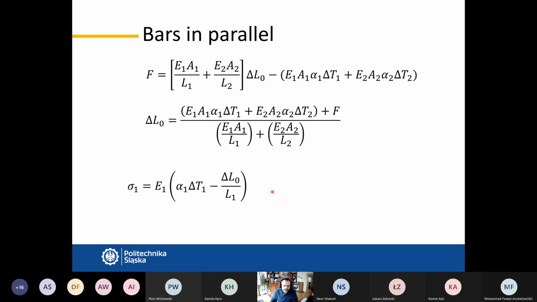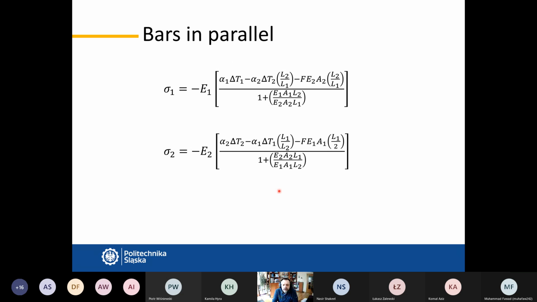On this basis, we calculated stresses, and they also depend on the parameters discussed before. So the materials, geometry, and the temperature change.